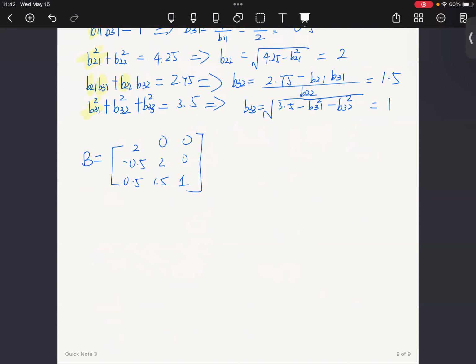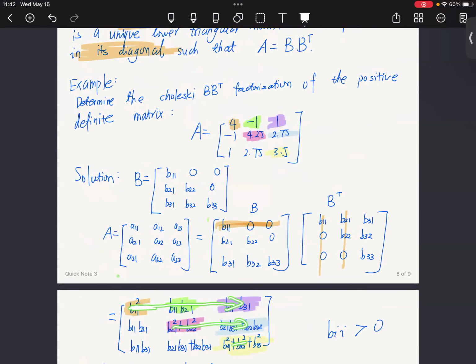What I'm going to show you is the general Choleski factorization algorithm. For the general matrix, if this is an n by n matrix, we can keep creating the larger B matrix, which would be an n by n matrix, with non-zero elements in the lower left part, and all the upper right triangular parts are 0.